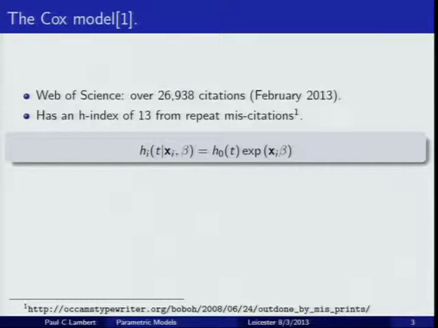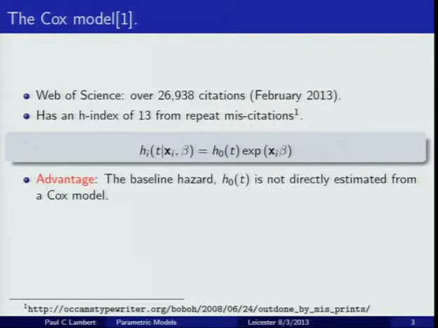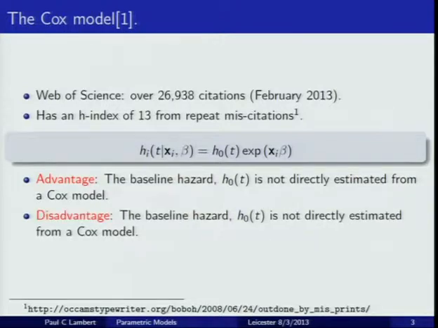So here's the Cox model. And when I teach this material, I say, well, one of the beautiful things about the Cox model is that we estimate our betas without having to make assumptions about the underlying hazard function. And then I go on and say, one of the disadvantages is that it's not estimated.